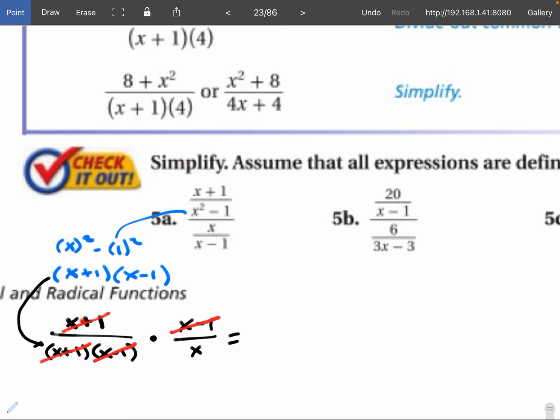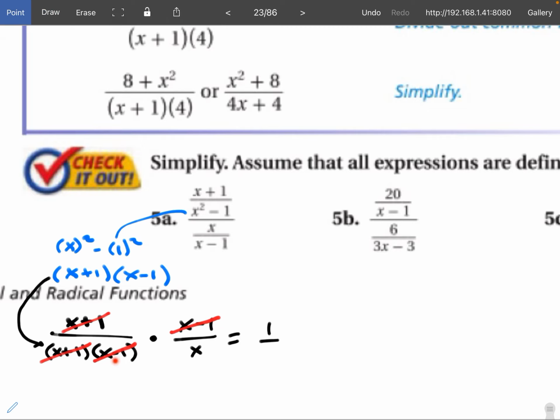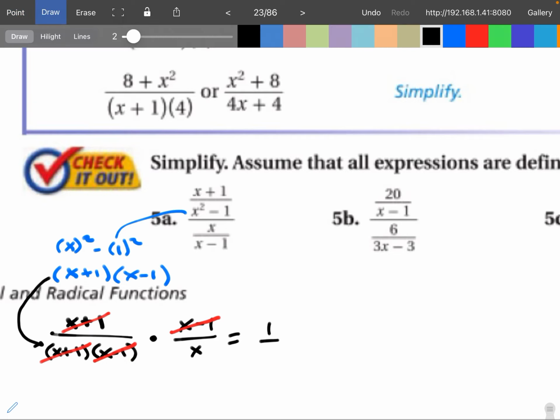So that's a 1, and that's a 1. So in the numerator, if you multiply straight across the top, you got 1 times 1. Well, that is just 1. And then in the denominator, this is a 1, and that's a 1. So you got 1 times x, which is just x.